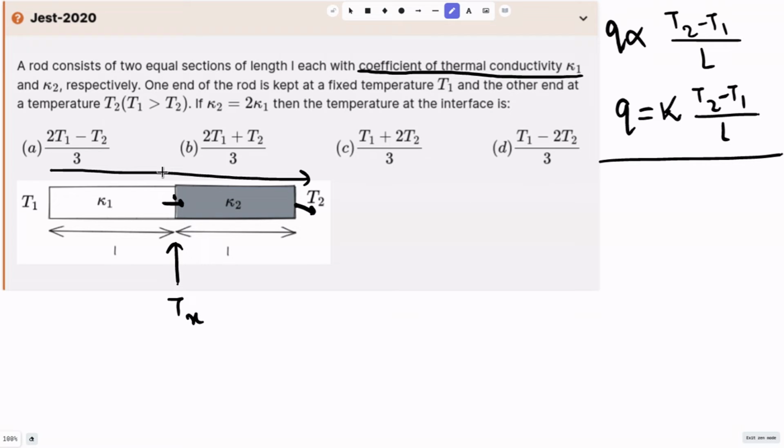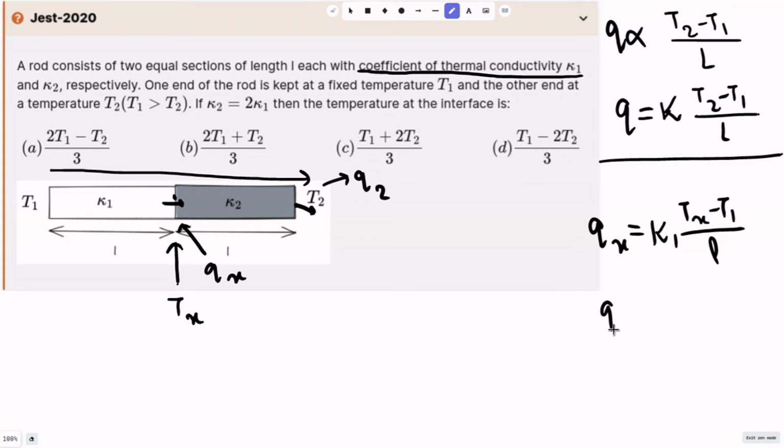So let's call the flux here Qx, and here let's call the flux Q2. How will we find Qx? Well, the flux Qx will be equal to Tx minus T1, because that will be the difference in temperature, divided by L, and in front of it we'll have the coefficient of thermal conductivity kappa 1.